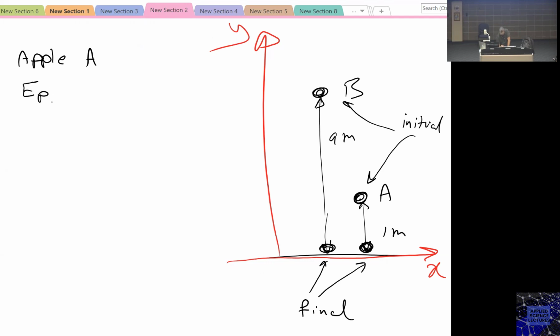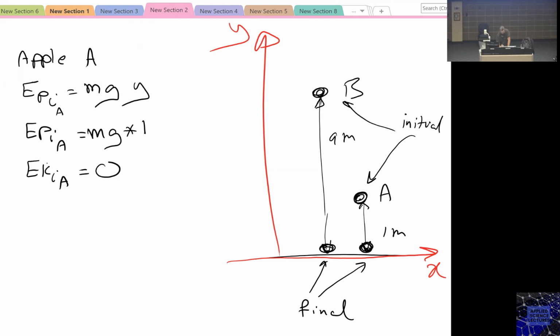This is final, right? So for apple A, EP initial is mgy. So this is for A. So EP initial for A is mg times 1. EK initial for A is 0, right?